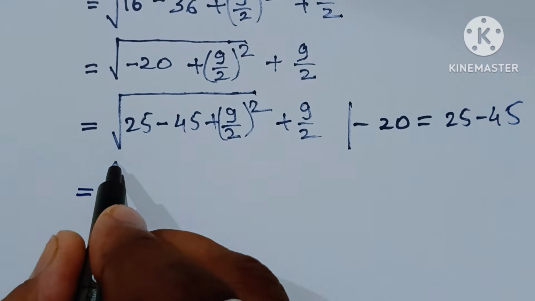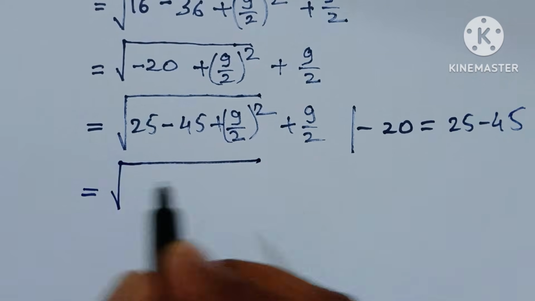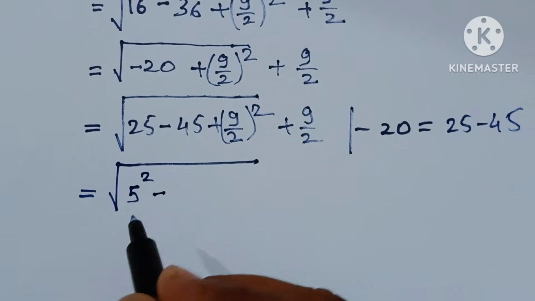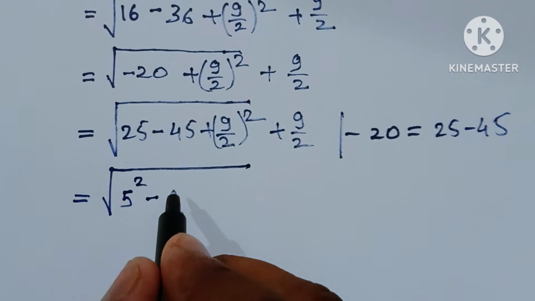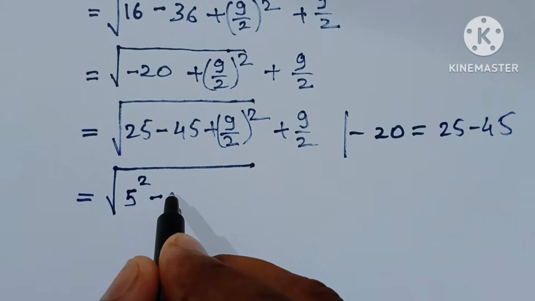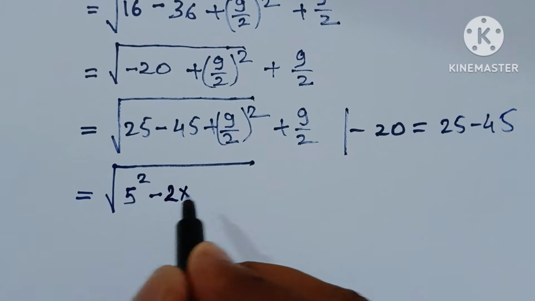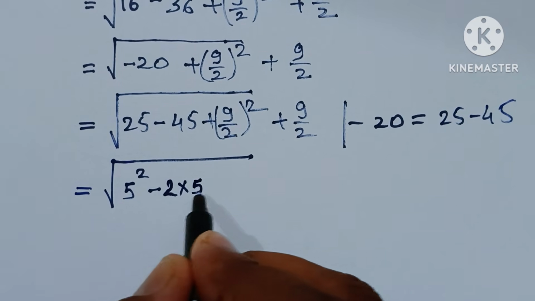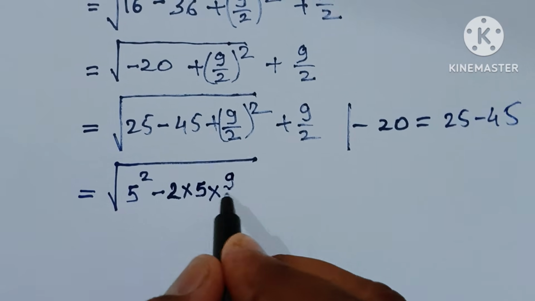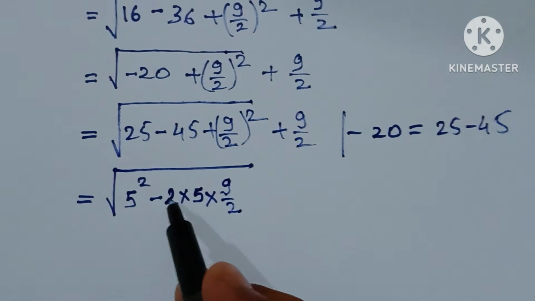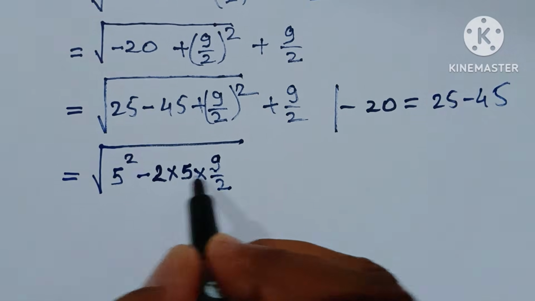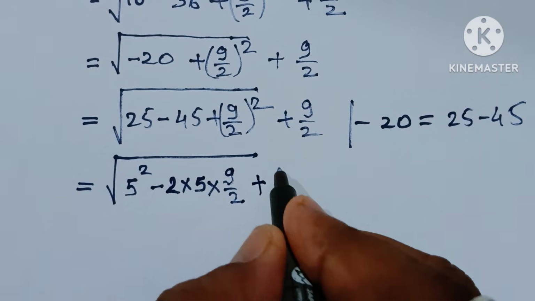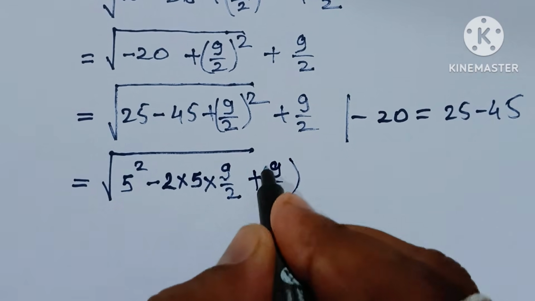Now 25 is the square of 5, minus. How can we write 45? 45 we can write 2 into 5 into 9 by 2. 2 will be cancelled. We get 5 into 9 are 45, plus 9 by 2 whole square.